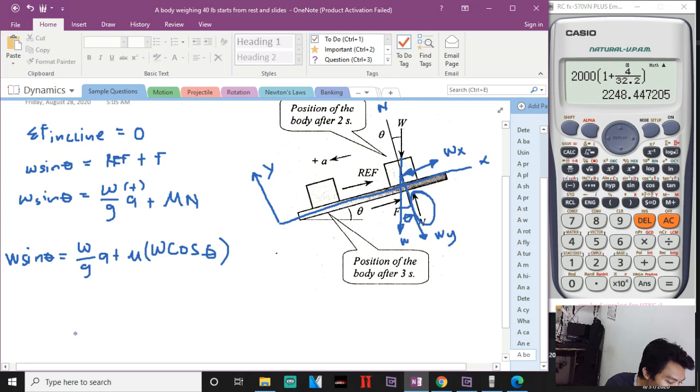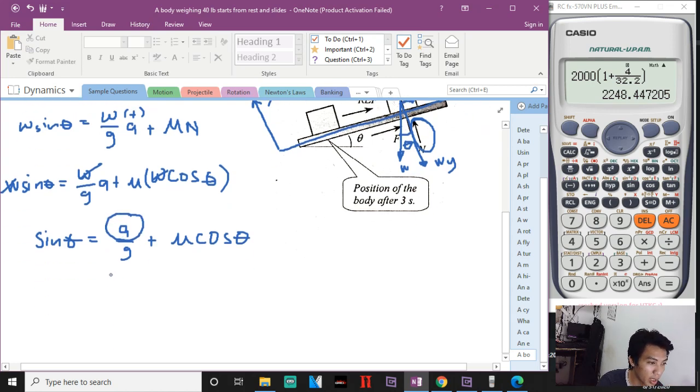Okay. So, ang hahanapin natin dito is the acceleration of the body. So, W, pwede natin ma-cancel. Yes, may W tayo dito. Cancel to, cancel to. Okay, meron tayong sin theta equal to A over G plus mu cosine theta. Ito lang hinahanap natin.